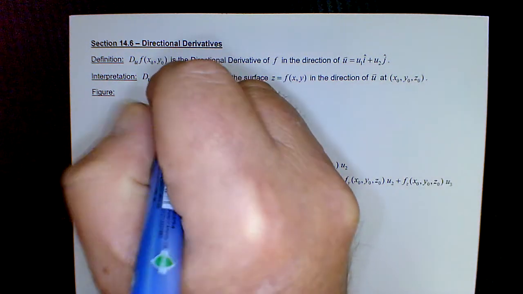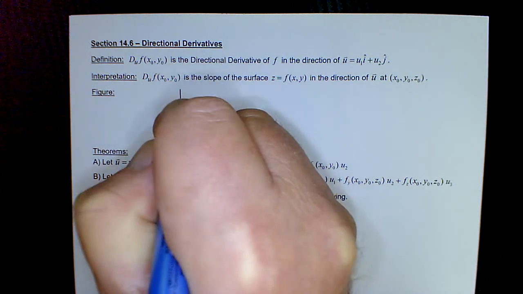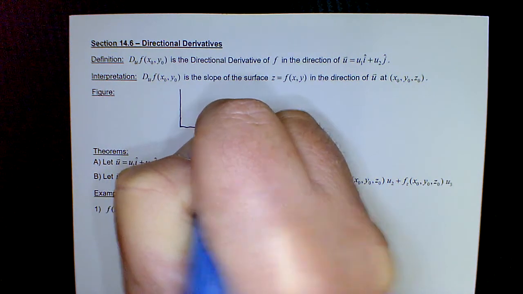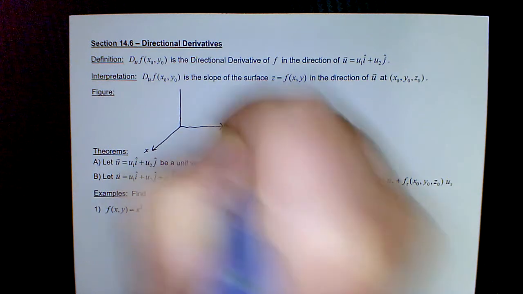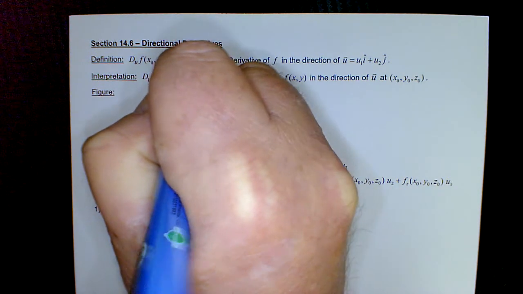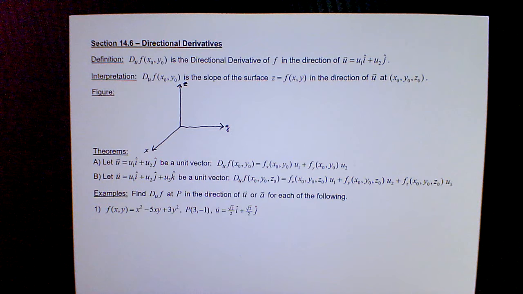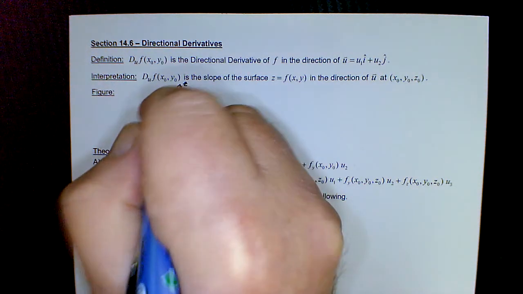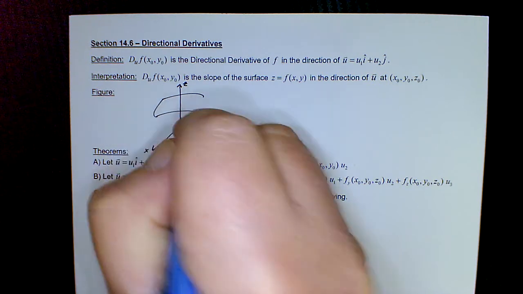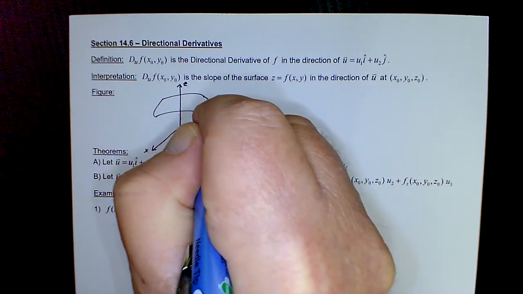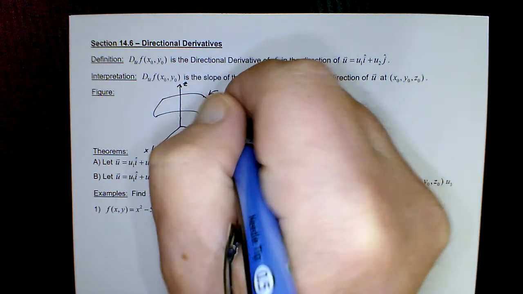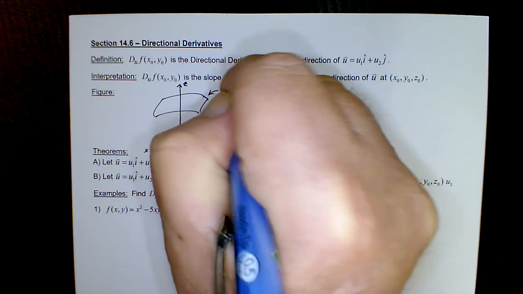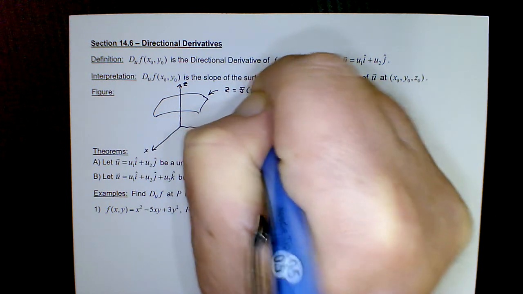For example, if we consider, say, a little figure here. So you have our x, y, and z axes, and we have, let's say, a surface, some surface, and this surface is going to be z equals the function of x and y.